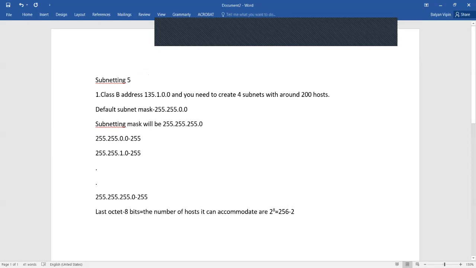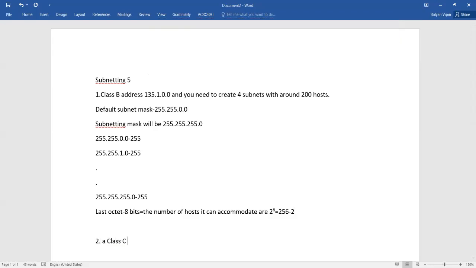Now the second question is, a class C address is given, which is 195.2.1.0.